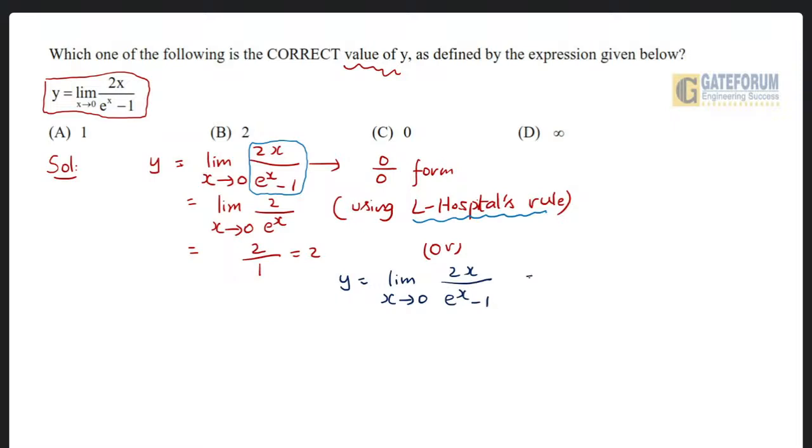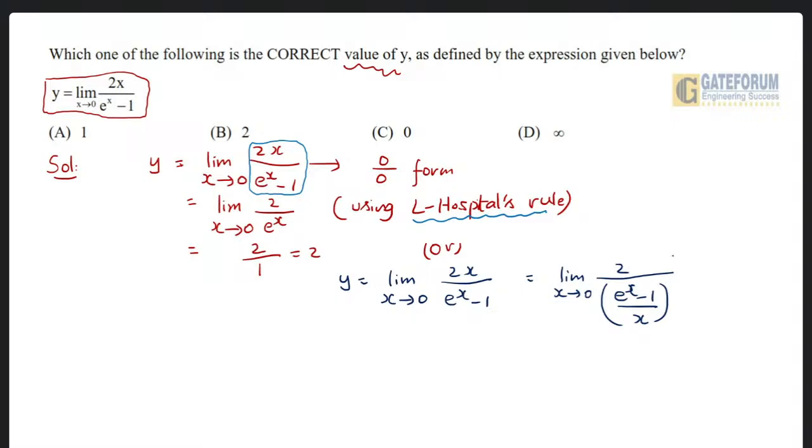This fraction can be expressed as 2 divided by e power x minus 1 by x. Can I write like this? A number divided by a fraction, so that the denominator of the fraction will be inverted. So the denominator of the fraction e power x minus 1 by x, which is a fraction, for this denominator x will go to numerator, 2 into x.